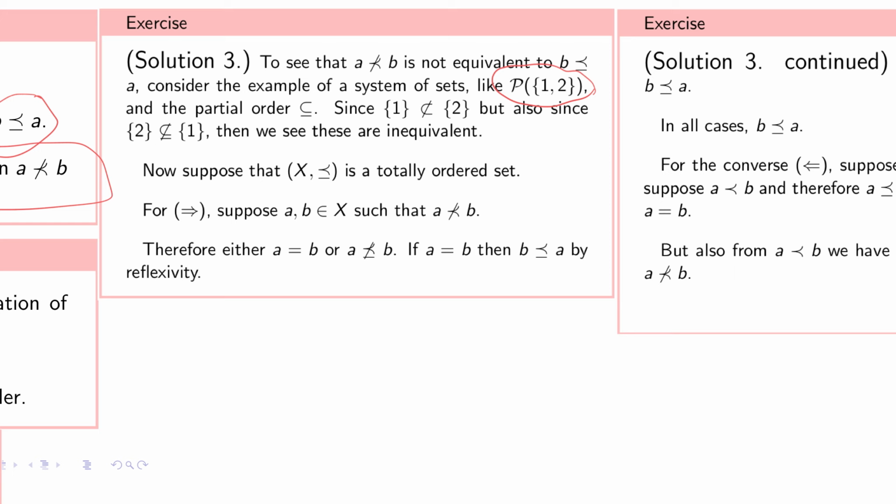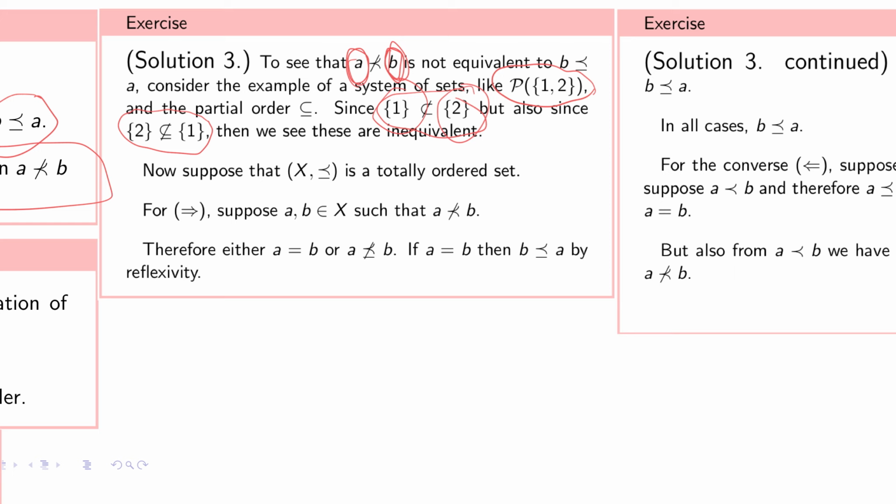So let's take the set {1, 2} and the singleton set {2}. If we identify the singleton of 1 with A and the singleton of 2 with B, then we have in this example that A does not strictly precede B, in the sense that A is not a strict subset of B. But we also don't have the other way around with ⪯. We don't have that the singleton of 2 ⪯ the singleton of 1.